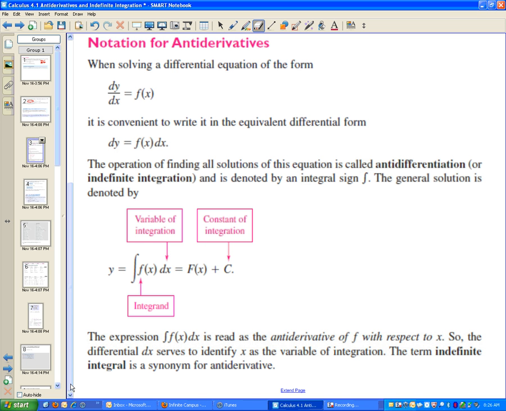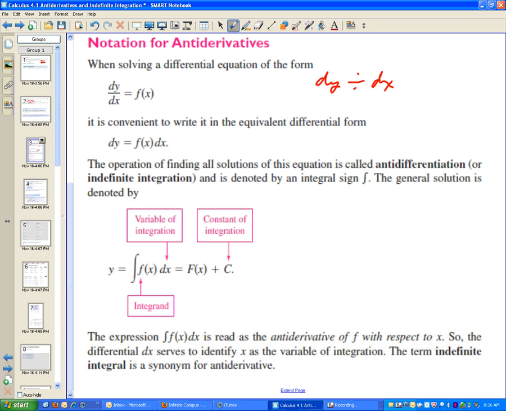Now, that's actually a definition of this equivalent differential form. But you can see it's a trick. It's not really algebra because dy/dx doesn't mean the letters dy divided by the letters dx, does it? It's just a notation for a derivative.